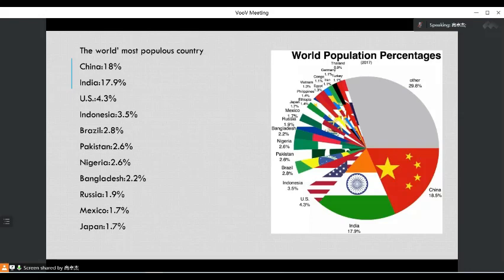From this picture, we know China has more people than India, but some experts speculate that the population of India will overtake the population of China this month, at the end of April.